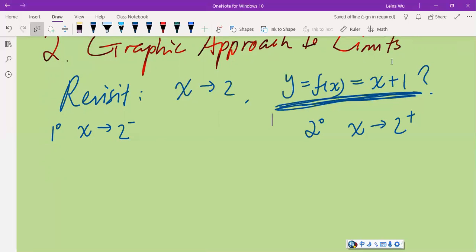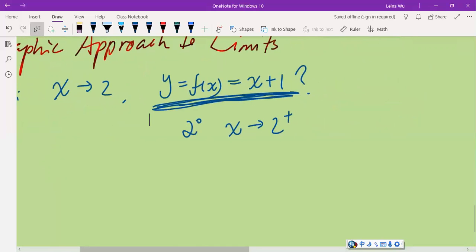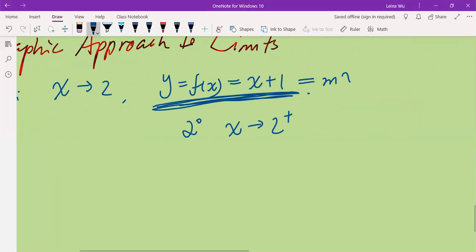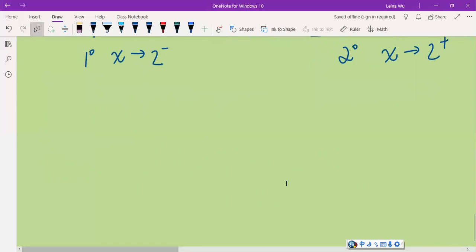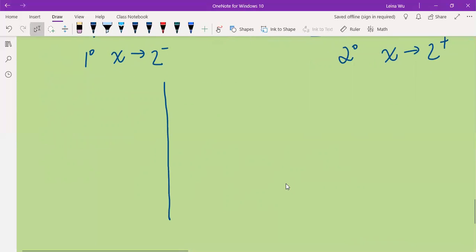And what is the slope? 1. Yeah, y equals mx plus b. If you still remember pre-calculus, y equals mx plus b. So over here, the slope will be 1, and the y-intercept will be 1 as well. So m equals 1, and b equals 1, right? Let's go ahead and sketch this line.